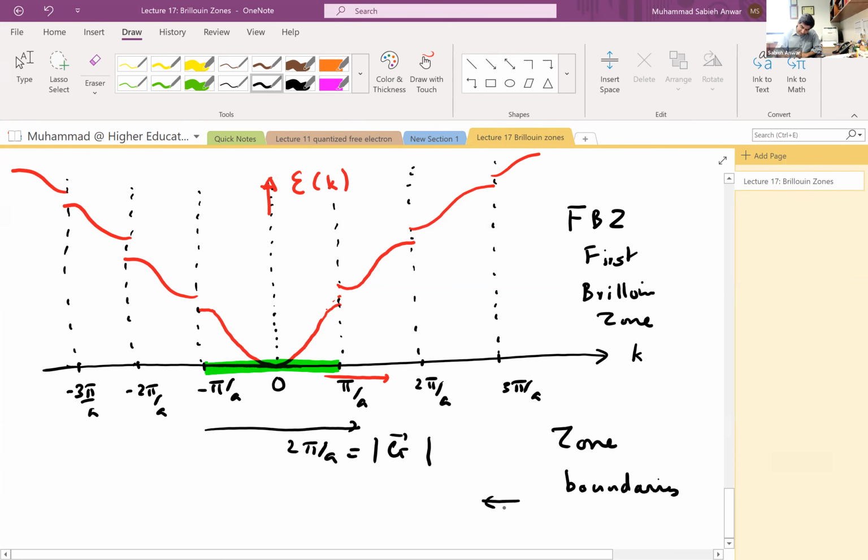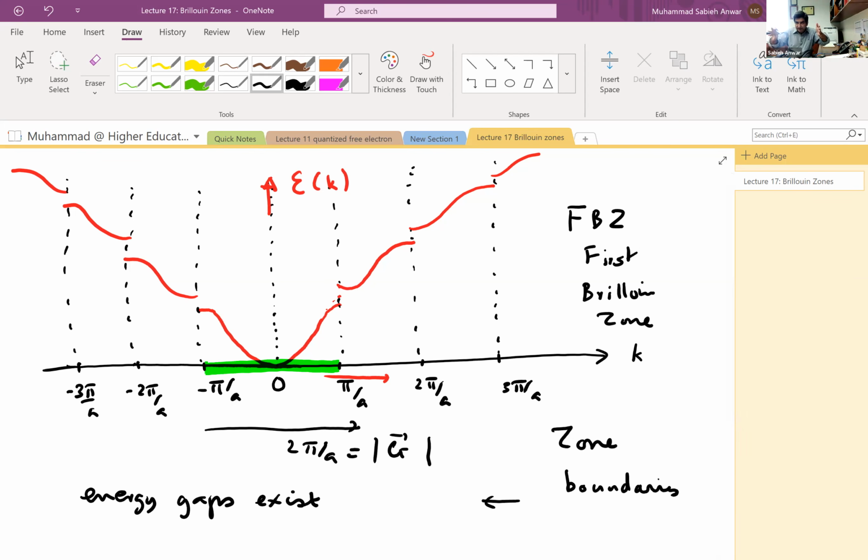And we notice that energy gaps exist at the zone boundaries. The zone boundaries to the left and the right are separated by a reciprocal lattice vector. Beyond pi by a, up till this point and this point, we have the second Brillouin zone.